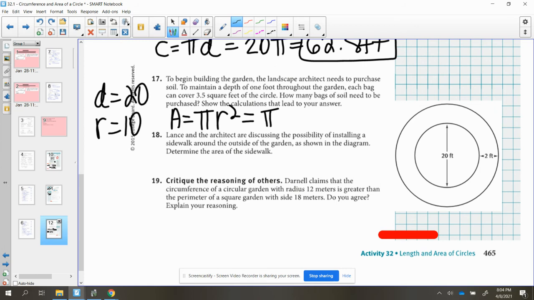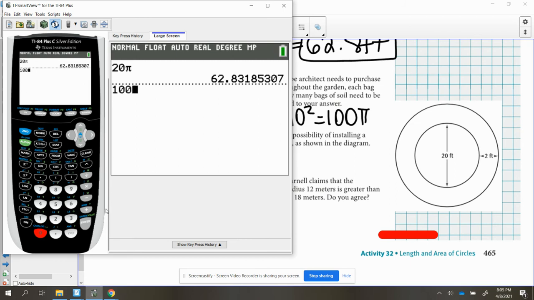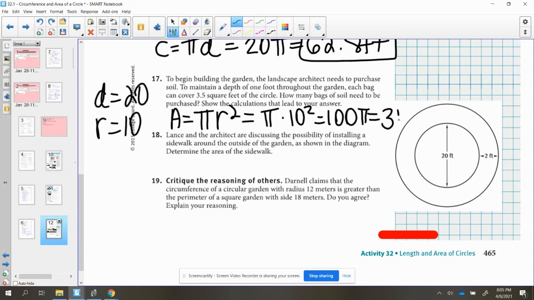So we're going to take pi times 10 squared, which is 100 pi. So we would take in our calculators 100 times pi. 314.2 if we round to the nearest tenth.